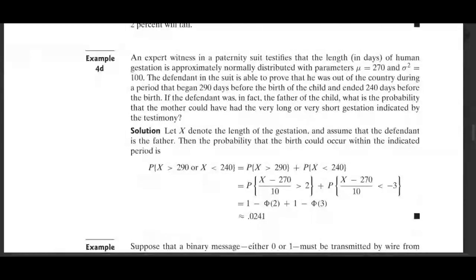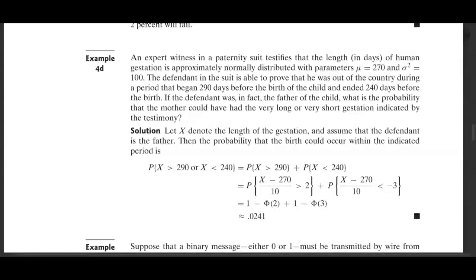Let's see this example. An expert witness in a paternity suit testifies that the length in days of a human gestation is approximately normally distributed with parameters mu equals 270 and sigma squared equals 100.